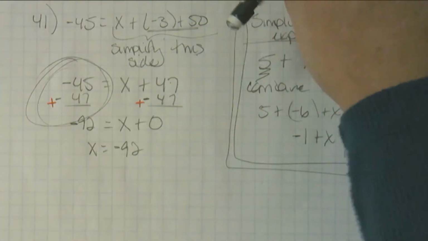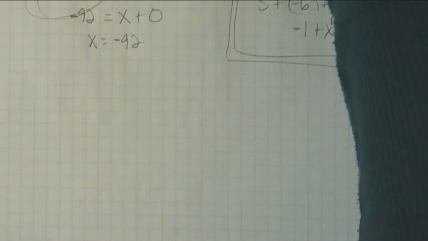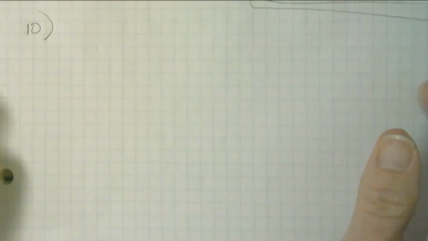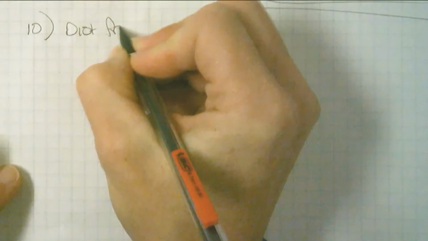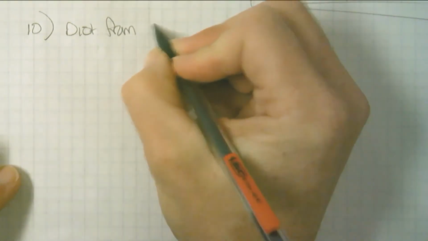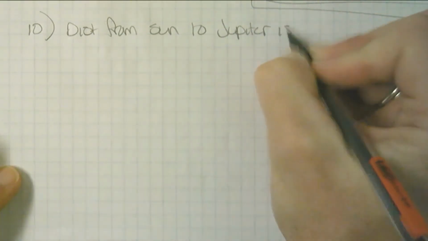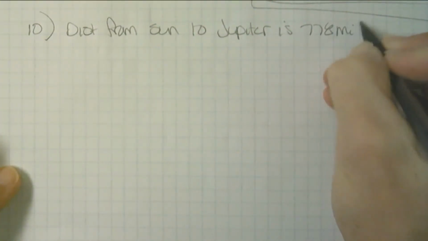I want to walk through number 10 with you, at least to set up the game plan. Because 10 and 11, we did ones like this in class, but they are confusing. So let's take a look at 10. Number 10 says our distance from Sun to Jupiter is 778 million kilometers.